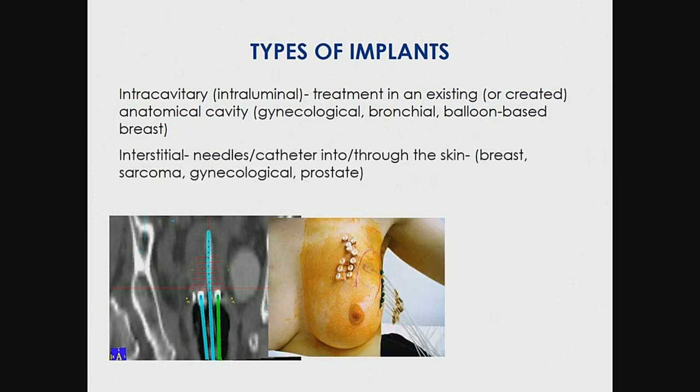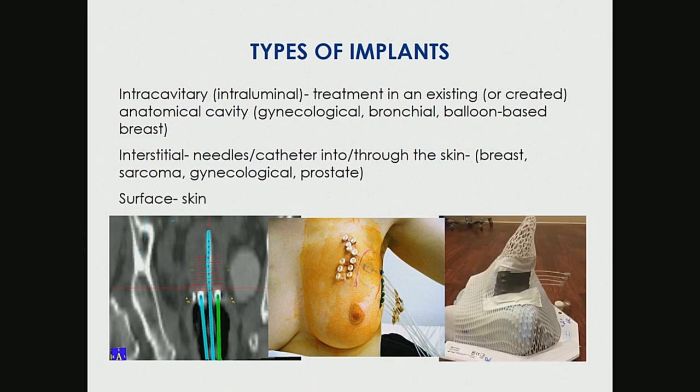For interstitial treatments, needles or catheters are introduced into or through the skin. So we talk about interstitial breast or treatments of sarcomas. Prostate is a big one. Gynecological, for different stages of disease, you could do that.